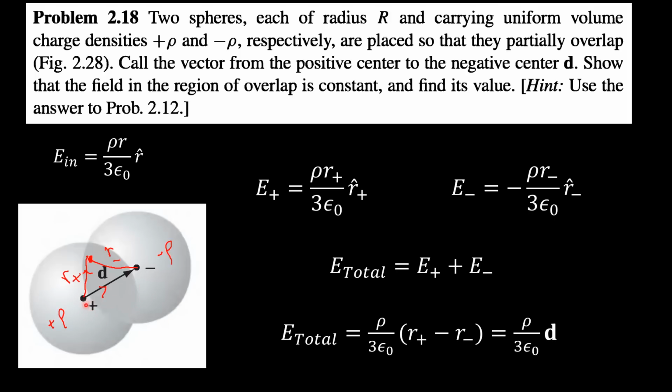It is naturally d. So rho divided by 3 epsilon naught is a constant, you can take r plus minus r minus. So due to vector addition, if you subtract this vector r plus with r minus, you will get the vector d. So E is rho divided by 3 epsilon naught times d. So this is the final answer.